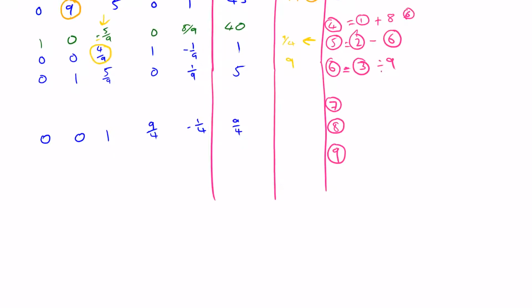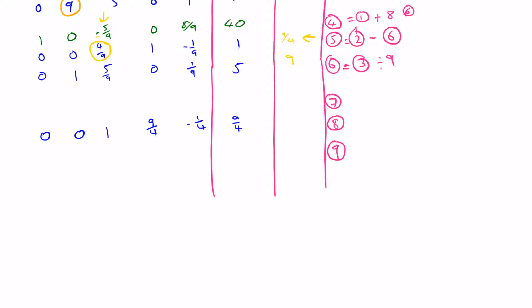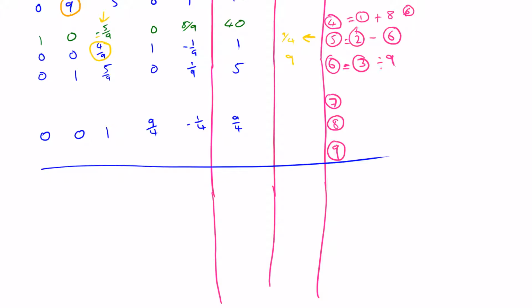Rather than solving the whole simplex, because that could take some time, sometimes it can be many iterations, I'll give you the final tableau and let you work out the rest of the steps.